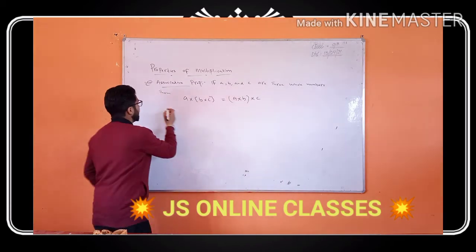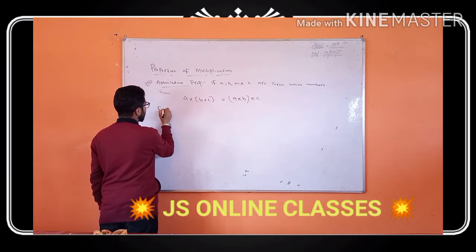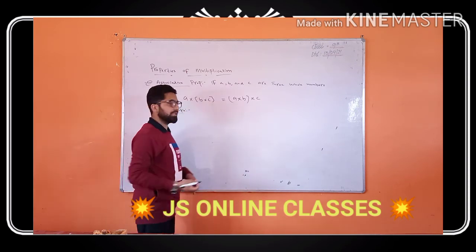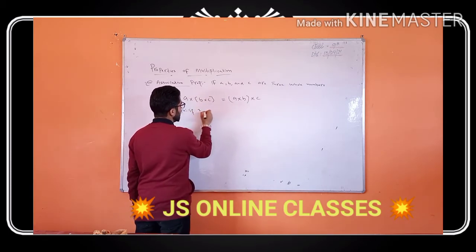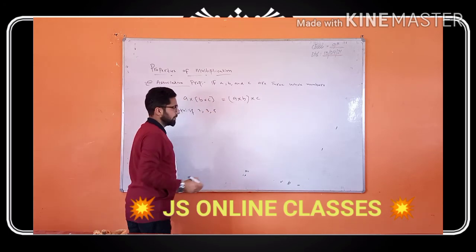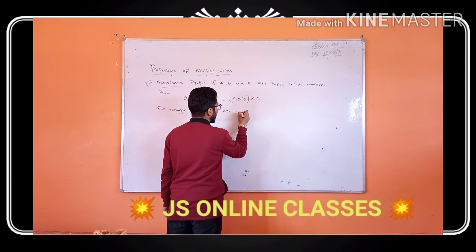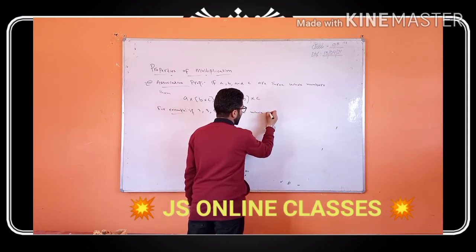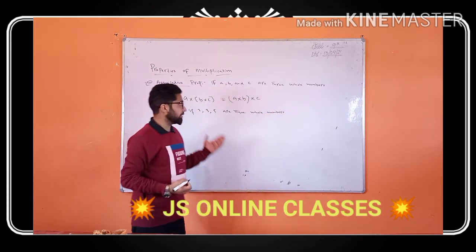So, for example, I am giving the example. We have three whole numbers, say 2, 3 and 5 are three whole numbers. I'm explaining you with this example.